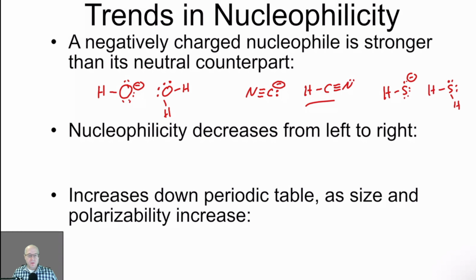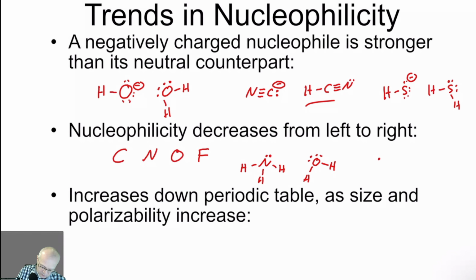Nucleophilicity decreases from left to right. So if we think about the periodic table, carbon, nitrogen, oxygen, fluorine. Nitrogen is before oxygen in the periodic table, so you would expect NH3 to be a better nucleophile than water, and indeed it is.